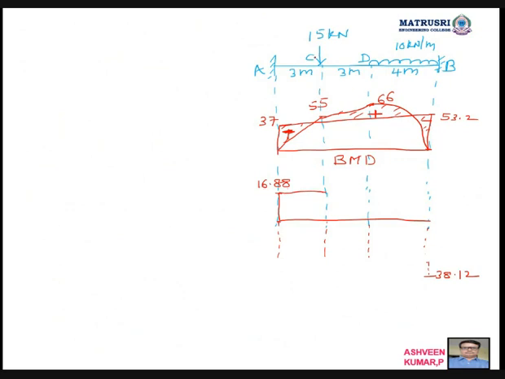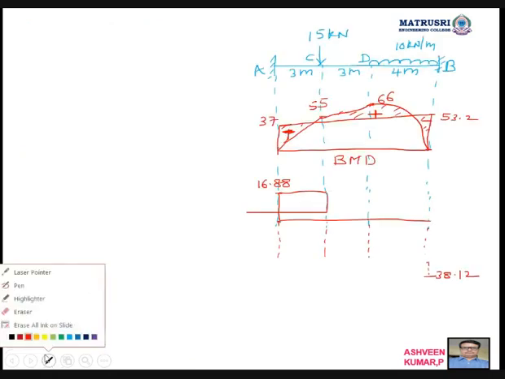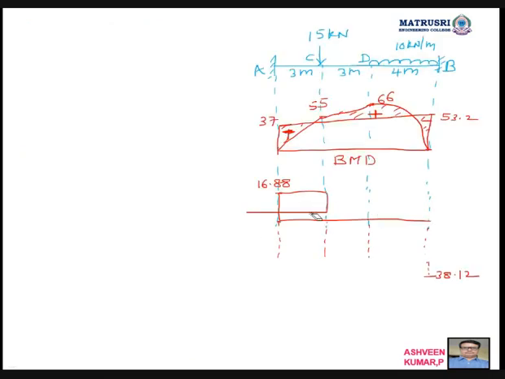16.88. Then this is 15. So minus 15. Minus 15 means how much you will get here? 1.88 positive. So this is 1.88.